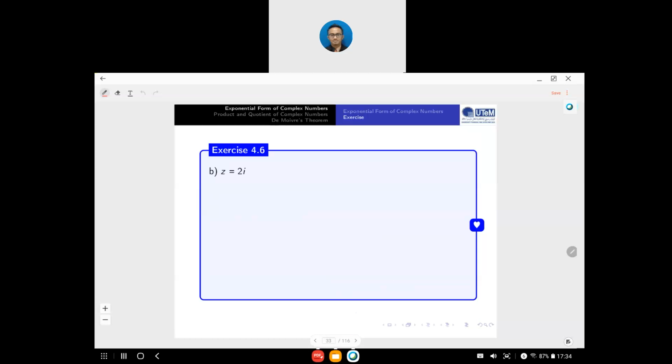Next, question b. z equals 2i. This is placed on the positive y-axis. So r equals square root of 0 squared plus 2 squared, so you get 2. Then tangent theta equals 2 over 0. This one is on the y-axis, so we know it is 90 degrees or pi over 2.